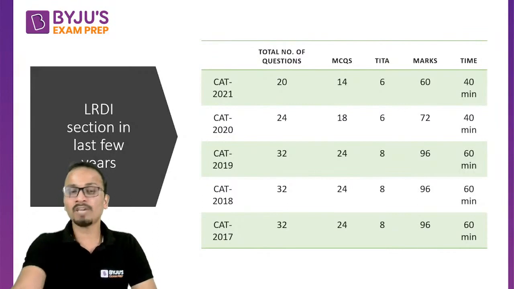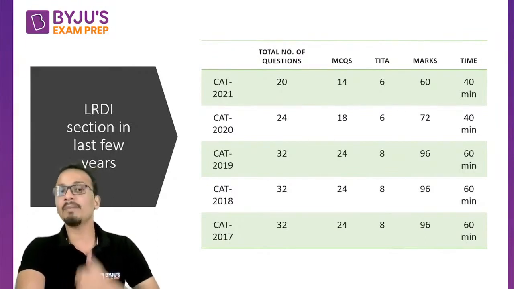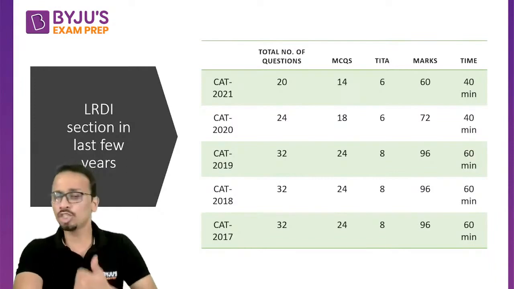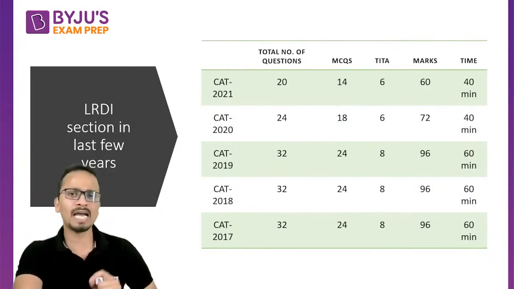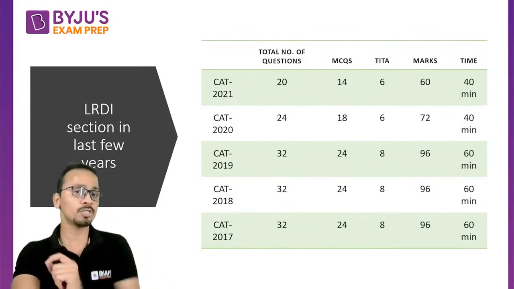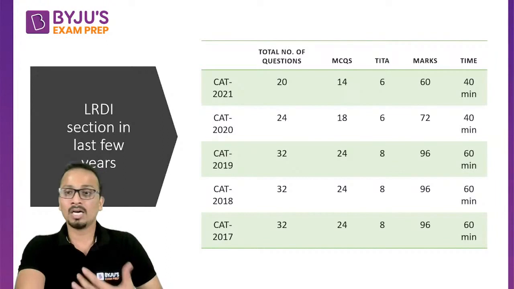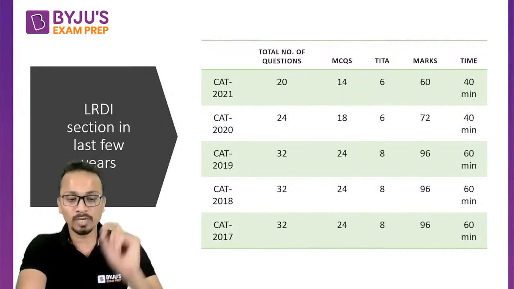Now, the most important fact is the breakup of these questions. Since we are talking about LR and DI, logical reasoning as well as data interpretation, it is very important to understand the breakup of logical reasoning and data interpretation questions so that we can plan our studies in a particular direction. So let's talk about that.